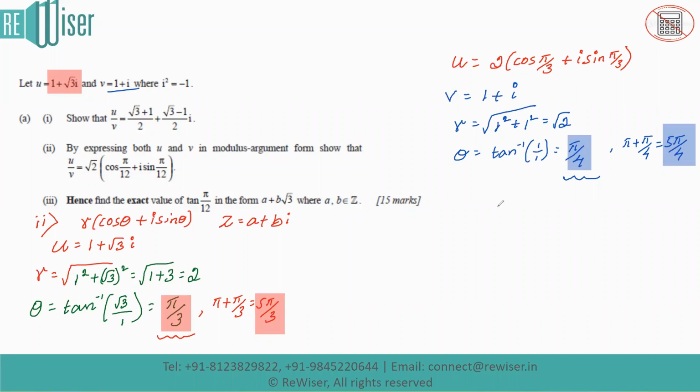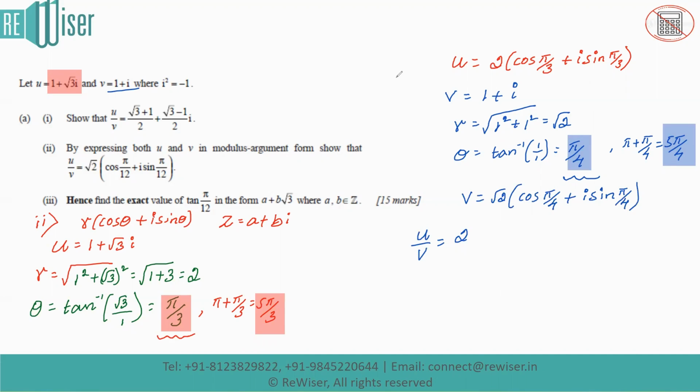Now if I talk about u over v, my v has to be equal to root 2 cos pi by 4 plus i sine pi by 4. So in that case, u over v has to be equal to 2 times cos pi by 3 plus i sine pi by 3.